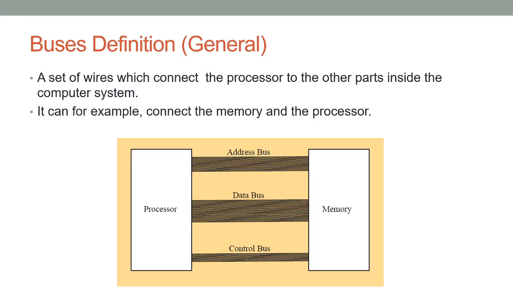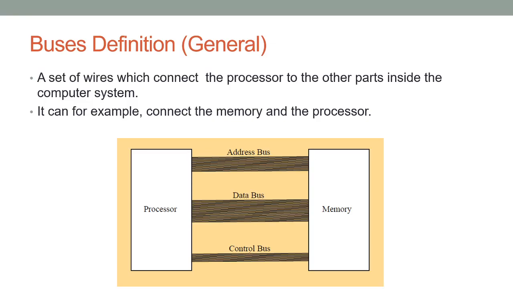If you say to read, it will tell the address bus to find a location with a bit of data in it. It will find that bit of data, and then it will get the data bus to take it back to the processor. If you tell it to write, it will get the address bus to find an empty location, and then the data bus will take over whatever it wants. That's your parcel analogy there.